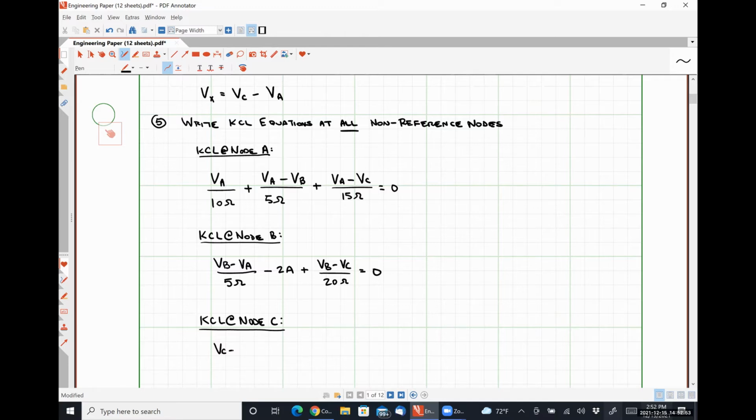VC minus VB over 20. All right, fully on board with that. So that's the current flowing to the left through the 20 ohm resistor. Plus 0.5 Vx. Okay, so that's the current flowing down through the dependent source. So all we have left is the current flowing up through that 15 ohm resistor.